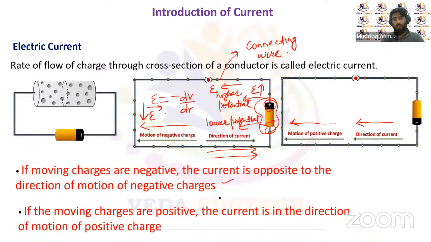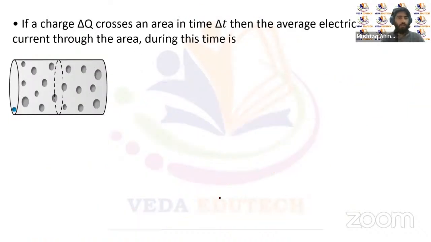So this was the introduction, definition of the current and the direction of current, and why the current flows in a conductor. The cause of that current is the electric field developed along the conductor because of the potential difference, or because of the source of potential difference, right? So let's move on to the next part.